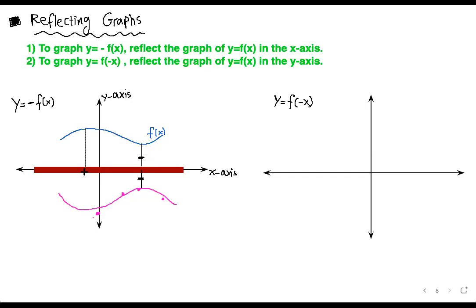The point is here, and this point has the same distance. Is it clear? For the first property, y equal minus f of x. This is equal here, y equal minus f of x.